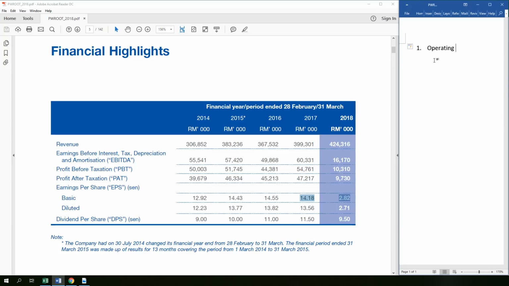Operating profits decline from 16 million FY17. Let's move on.